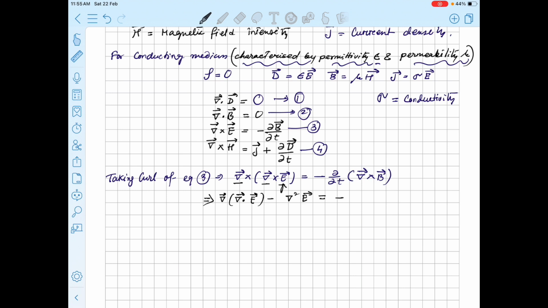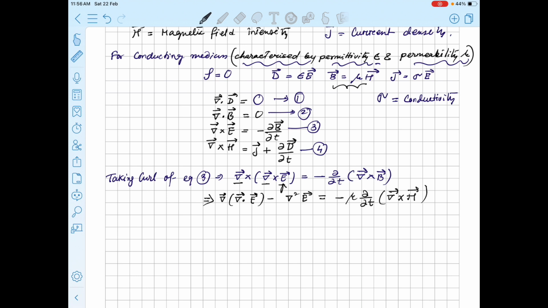now you see here one more thing we can do. We know that B is equal to mu times H, right? So we can write mu outside, then del t of curl H. Okay, hope you have understood this.